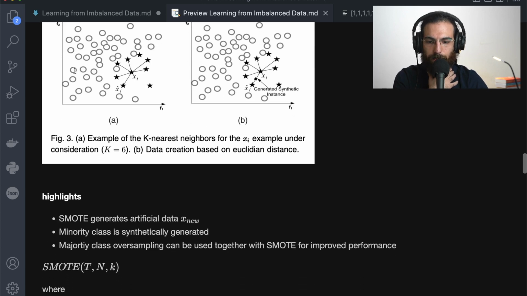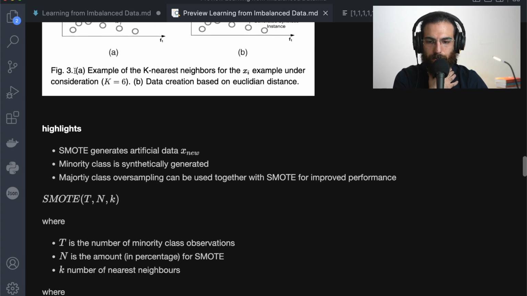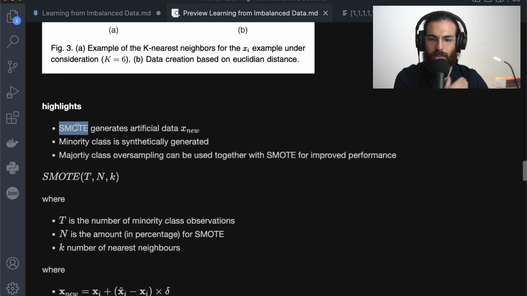And here's the idea. This technique produces artificial data. And this is, by the way, a vector. The paper does not use a bold X or an arrow on top of it, but you have to be careful because this is actually a feature vector, and it's labeled as X sub nu.